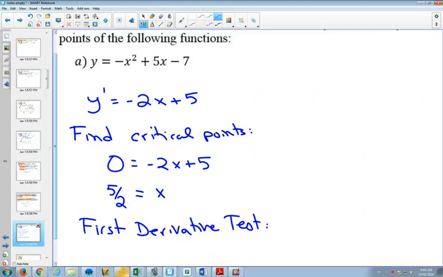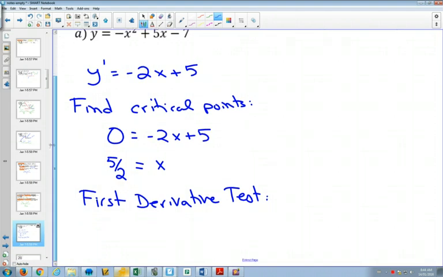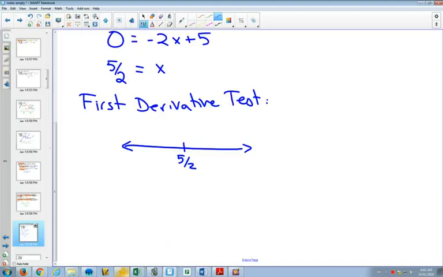And now we can call the number line that we use to put our critical points on our first derivative test. So we have our number line. We put our critical value, 5 over 2, on there. And we're going to check values before 5 over 2 and after 5 over 2 to see what's happening.